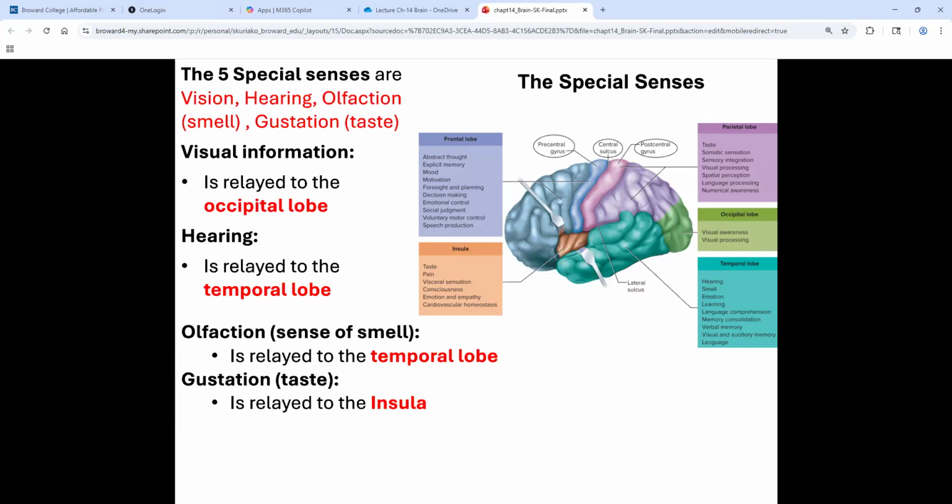I told you the visual is in the occipital lobe. Okay, remember that. Visual is in the occipital lobe. Hearing is in the temporal lobe. Olfaction is also in the temporal lobe. Gustation, which is taste, is in the insula.